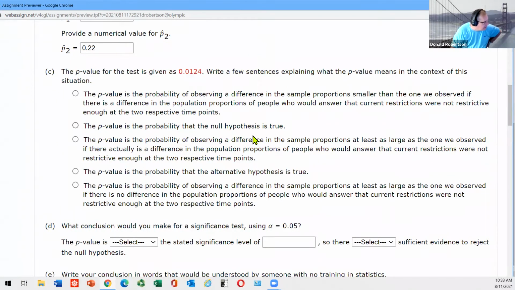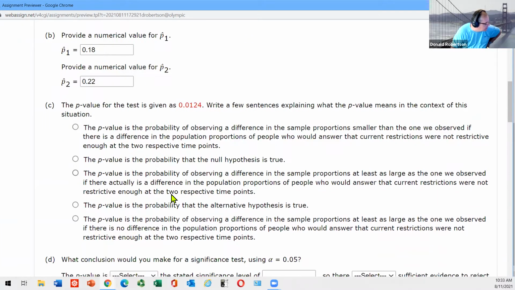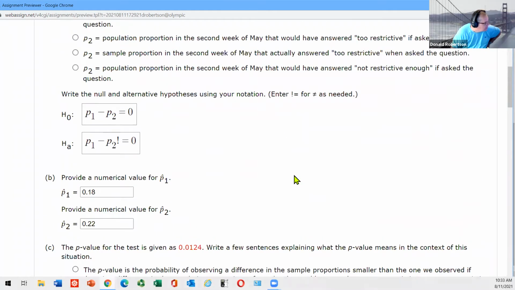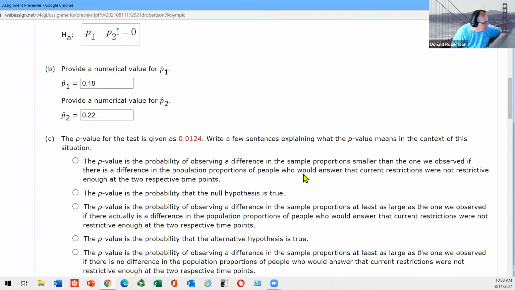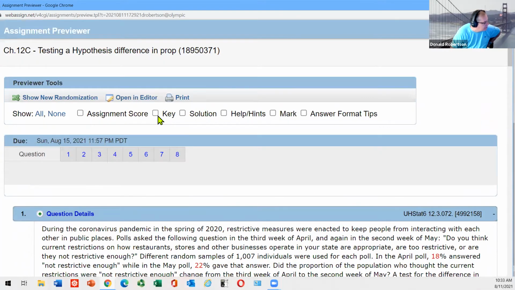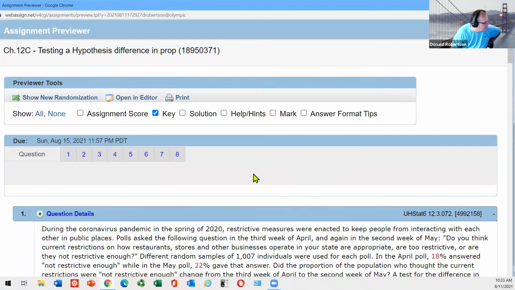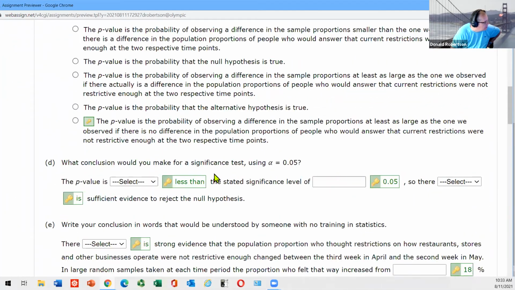Now, the p-value is the probability that you got the results that you got, right? It's one of these 5 guys, and I'm just going to be lazy because it takes me too long to read these things. There you go.